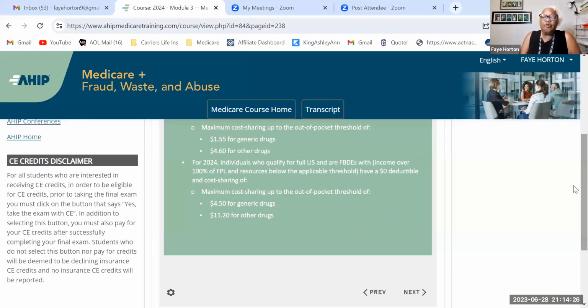For 2024, individuals who qualify for full LIS and are FBDEs with income over 100% of the federal poverty level and resources below the applicable threshold have a zero deductible and cost sharing of a maximum $4.50 for generics, $11.20 for other drugs.